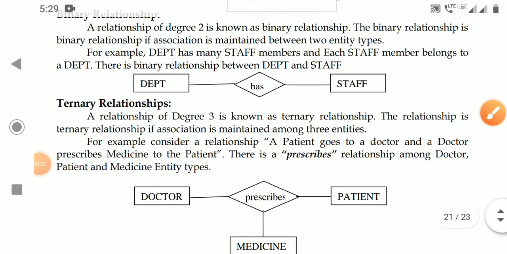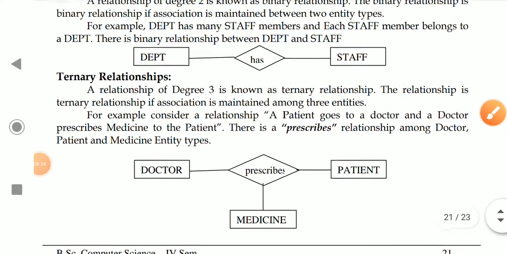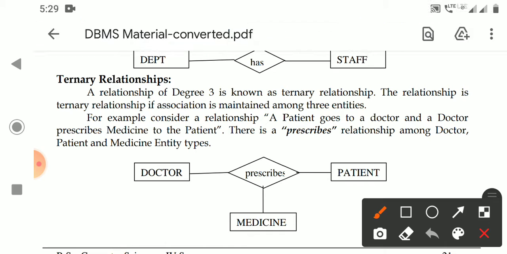Next, coming to ternary relationship. Automatically you can say that a ternary relationship means degree 3. The relationship is ternary if association is maintained among three entities.